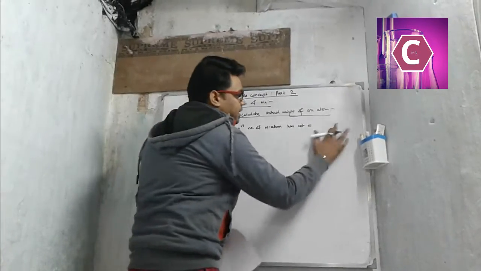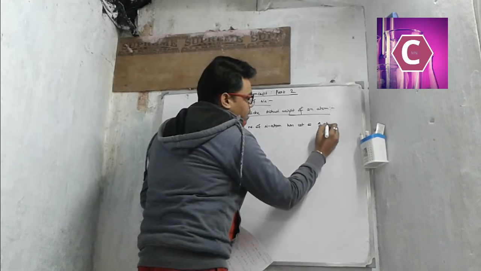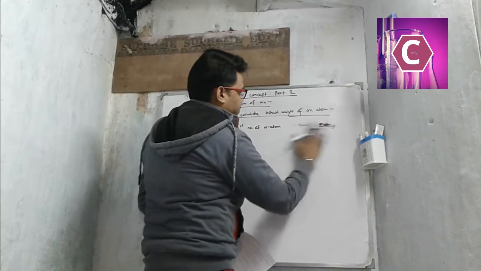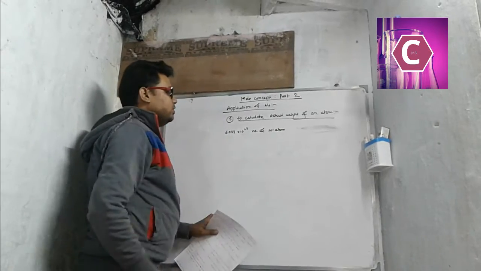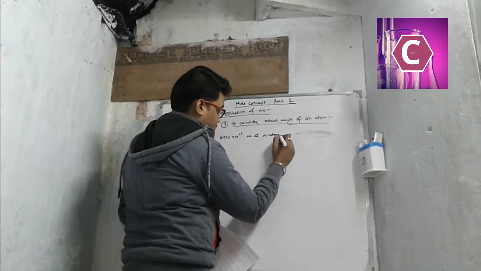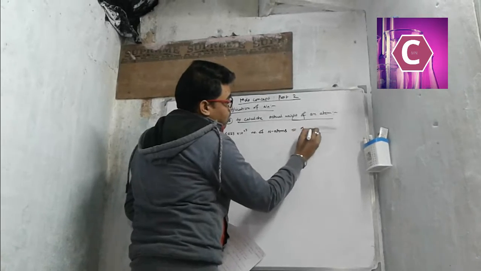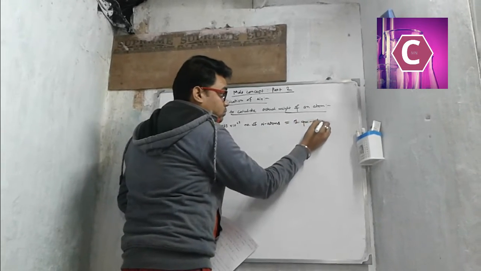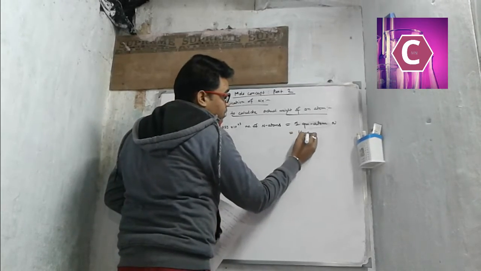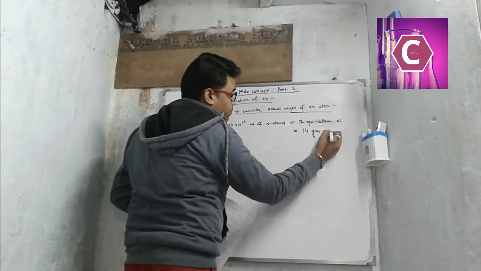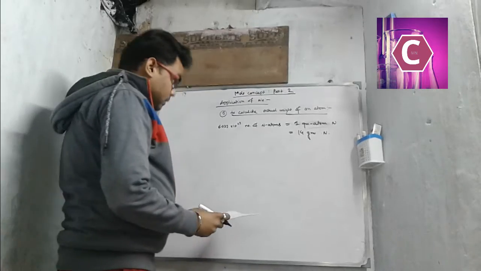So I can write here 6.023 into 10 to the power 23 number of atoms equals 1 gram atom nitrogen. We know this. And 1 gram atom nitrogen, we know it is equal to 14 gram nitrogen.